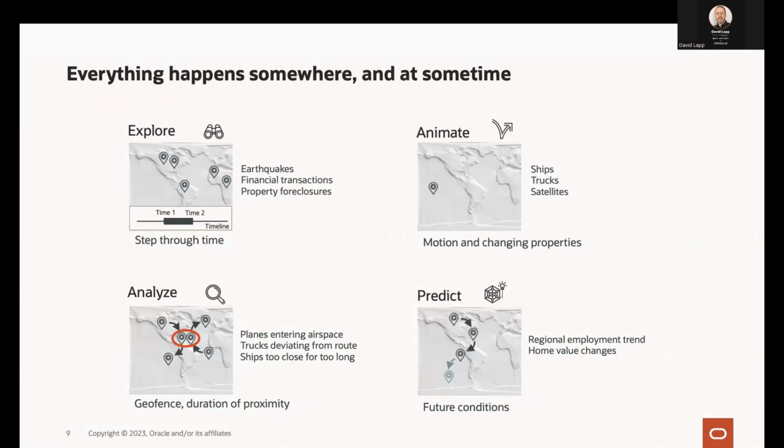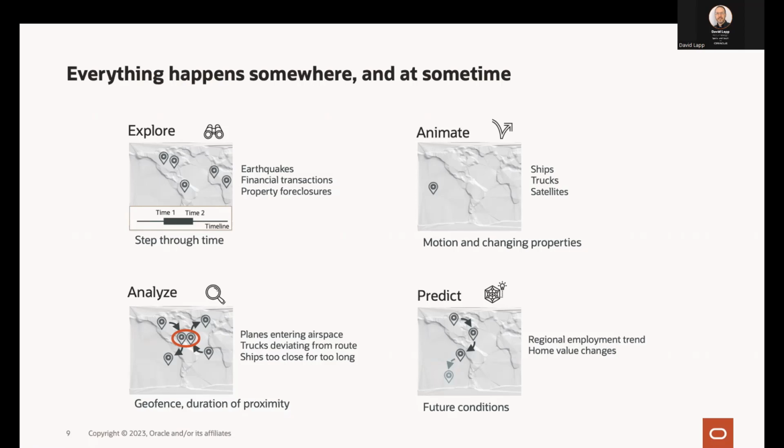And that's frankly analyzed, as you might imagine, with the nature of what Oracle Spatial is all about. It's that analyze bucket that I really want to focus the most on, because I think that's probably the most interesting in terms of what Spatial has to offer in this area. So we'll focus a lot on analyze.